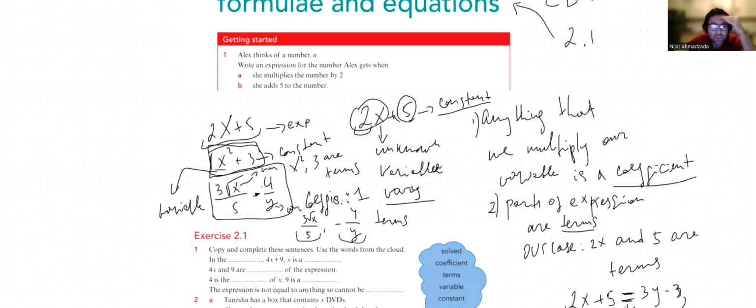And our coefficients, we got two coefficients. So we got the coefficient of x and the coefficient of y. The coefficient of y, for this level, is very hard for you to understand because y isn't multiplied by anything. The thing we multiply by is 1 over y. So we can't have a coefficient of y.